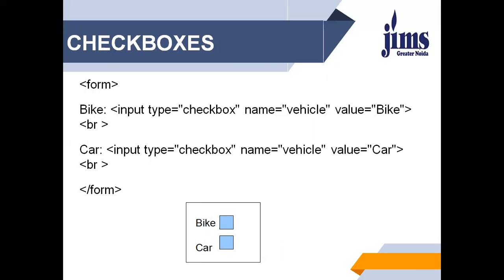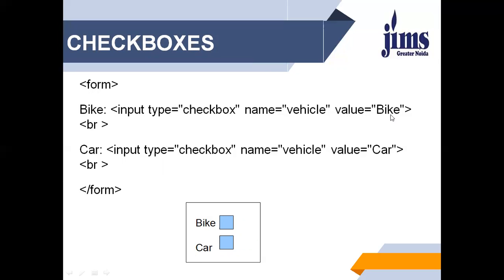Coming to checkboxes, the user can select multiple options, like here bike. We have taken two options, bike and car, so the user can select both of them at a time. But here again the names should be the same. Here we have used name is equal to vehicle. Input type is equal to checkbox, name is equal to vehicle, value bike.